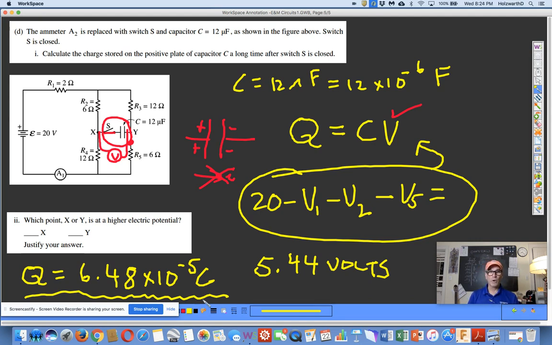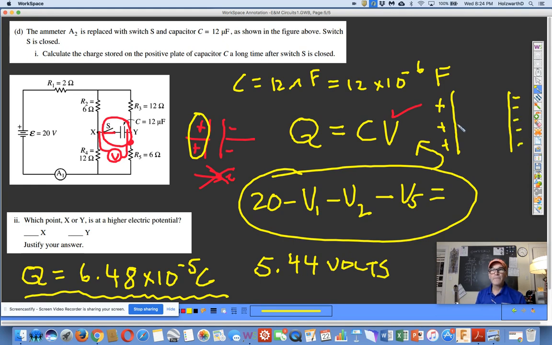Okay. Oh, check this out. Which point, X or Y, is at the higher electric potential? This is easier said than done in explaining, but here's how I'm going to explain it. X is the positive plate of that capacitor. Notice that we have positive charge accumulating on the left-hand plate of the capacitor, and subsequently we have negative.